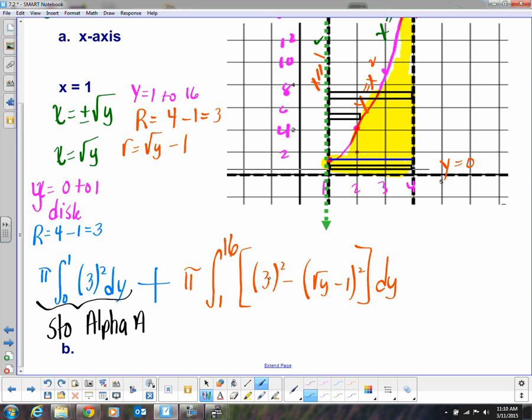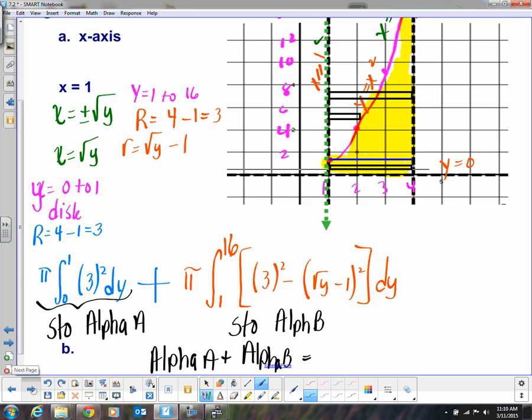And then you're going to do this, and you're going to store that in alpha B. And then what are you going to do? Alpha A plus what? Alpha B. And it'll give you your exact answer without rounding errors.